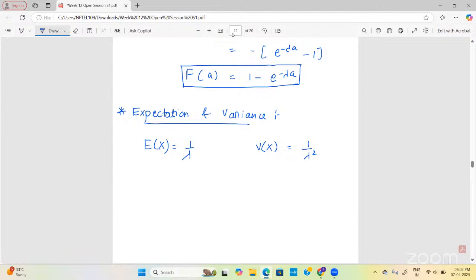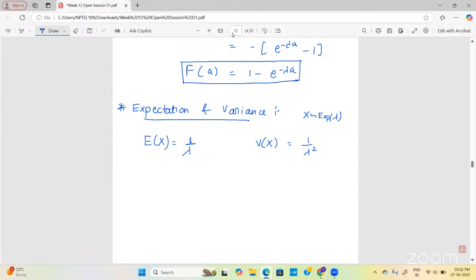Whenever X is following exponential distribution with parameter lambda, you just have to take 1 by lambda, and the variance will be 1 upon the parameter square. If you want to derive it, you can use the same formulas and you will get this value. Now let's see a question based on the exponential distribution.